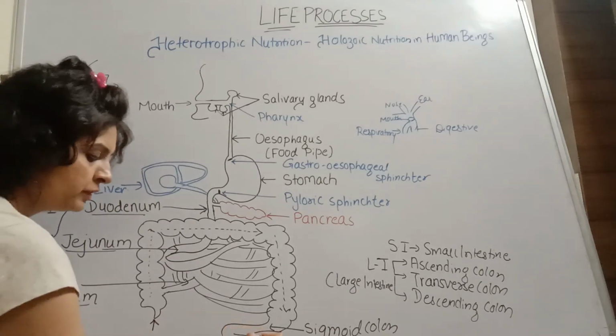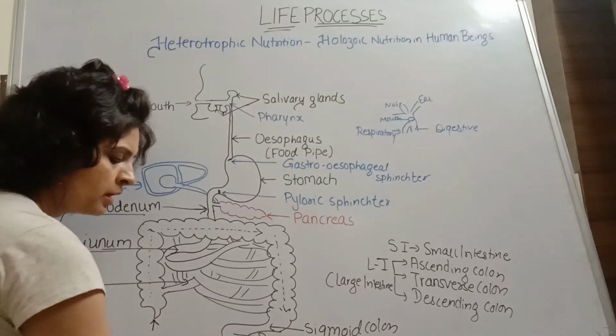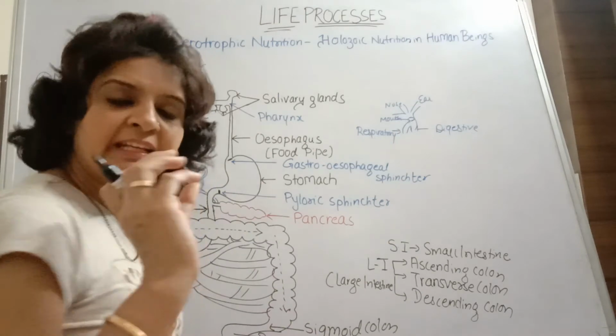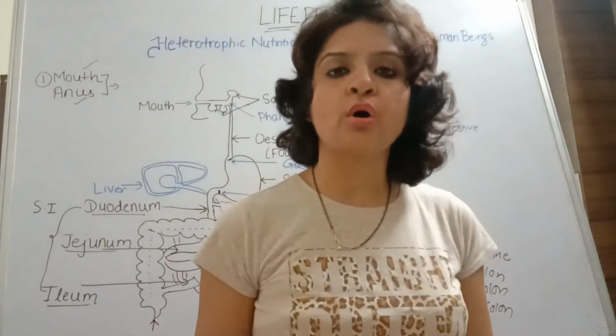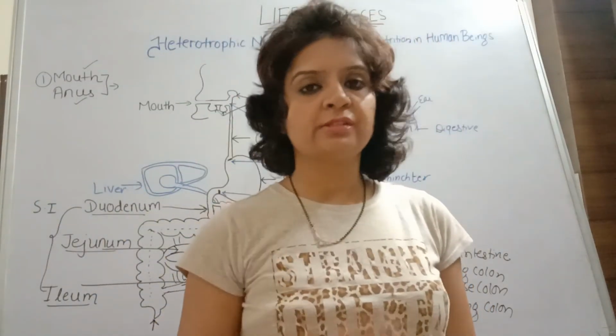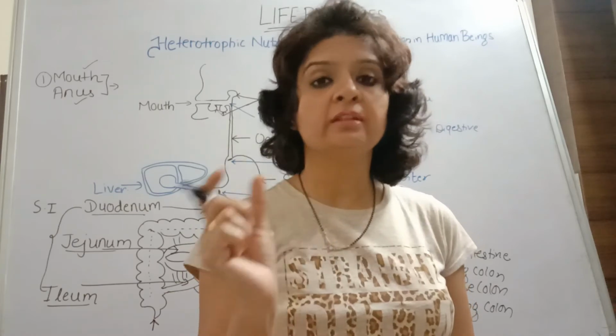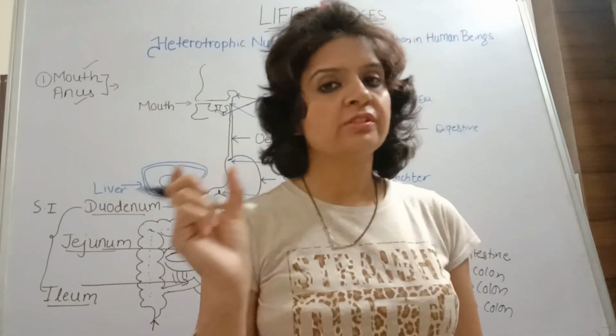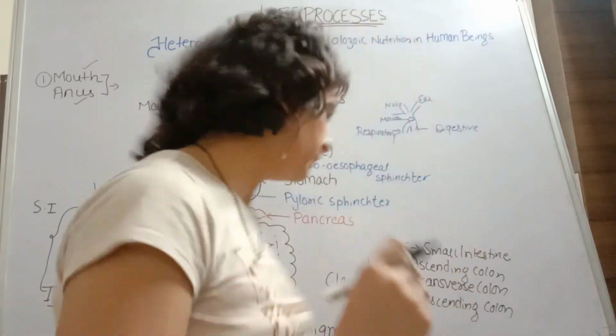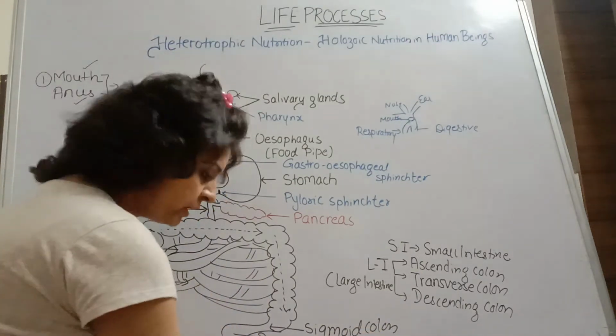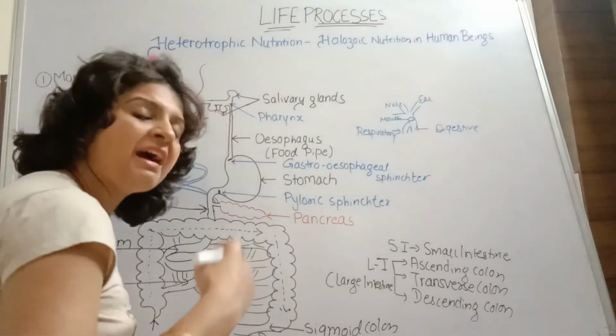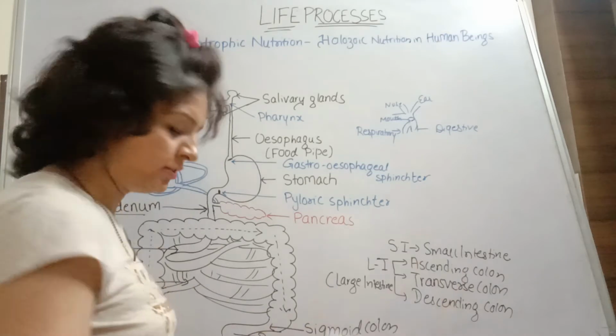Sigmoid colon. This is the rectum, where the temporary storage of the undigested material, that is feces, happens. Undigested material, that is feces, will be stored here for a period of time until it is egested out.